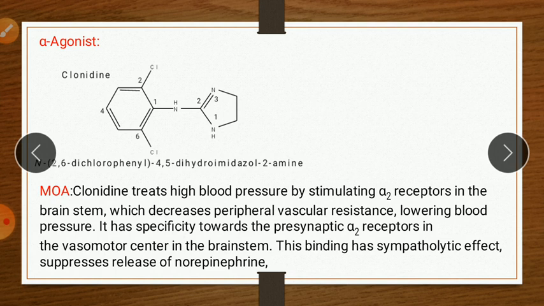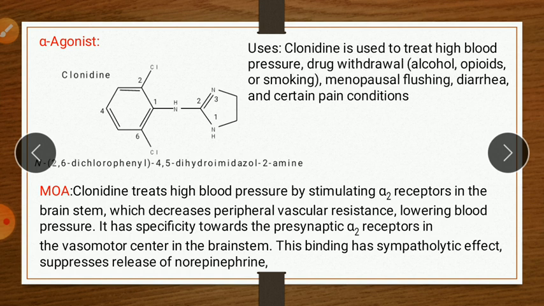So clonidine acts on alpha-2 receptor as an agonist, and therefore decreases the noradrenaline level from the brain. Uses. Clonidine is used to treat high blood pressure, drug withdrawal symptoms like alcohol, opioid or smoking withdrawal symptoms, menopausal flushing, diarrhea and certain pain conditions. So these are the main uses of clonidine as an alpha agonist.